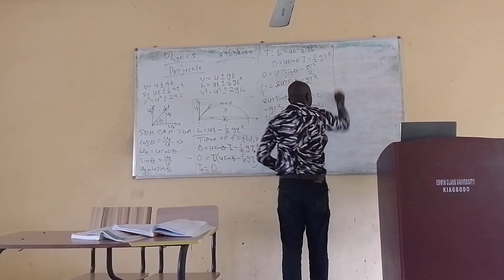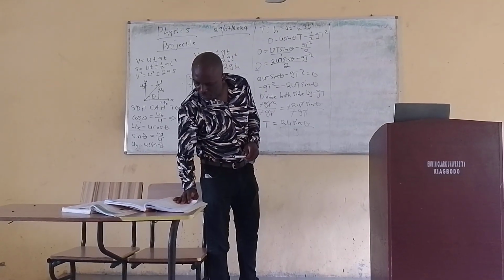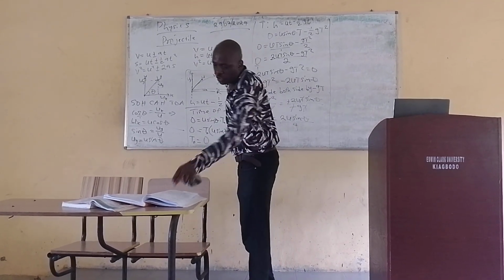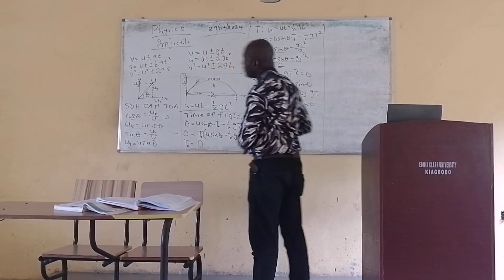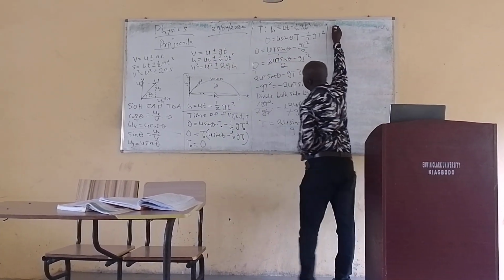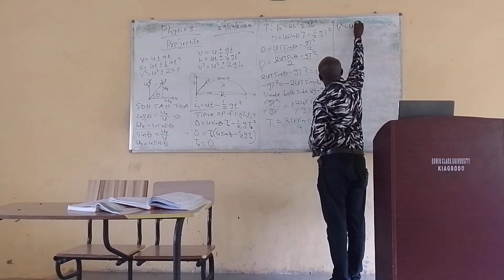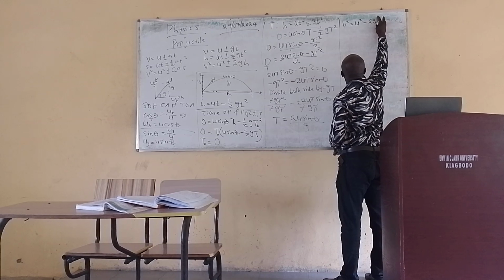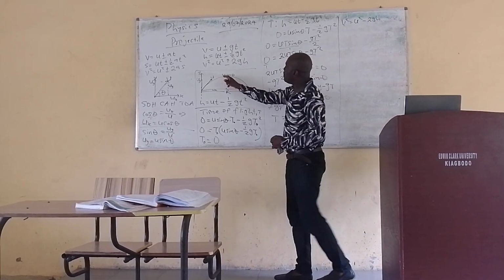We have the maximum height, which is one of the properties of projectile. So for the maximum height, we use the last equation of motion. In that one, we have v squared equals u squared minus 2gh. But at maximum height, velocity is 0.